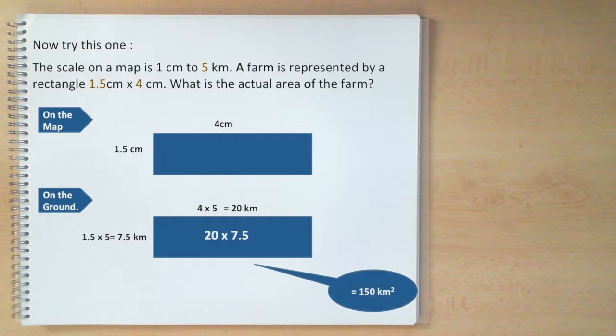Also, make some notes on the question itself about the important parts of the question. Make a note of what the scale is, make a very clear note of the distances information that you've already been given, and also make sure that you're clear about what the question is asking you to find. In this case, it was the actual area of the farm.